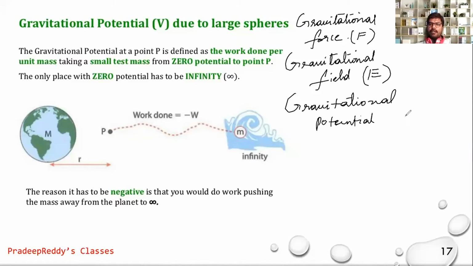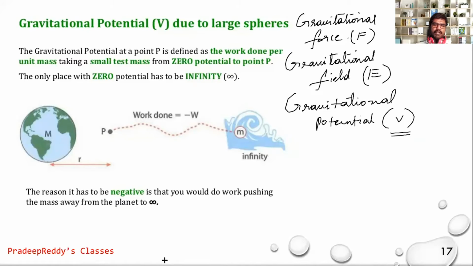Gravitational potential, that is V. Gravitational potential is denoted with V. So when we are dealing with gravitational potential, first let me define what is meant by gravitational potential.